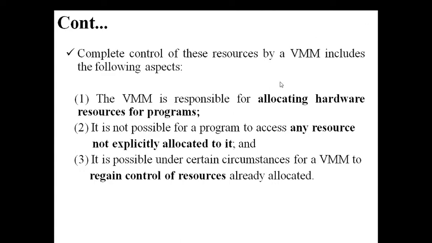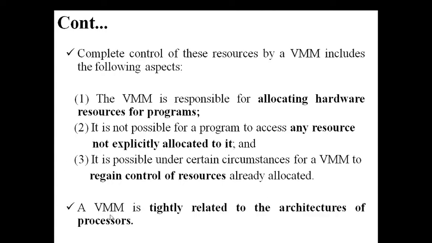It is able to allocate hardware resources for programs. Any resource is not going to be allocated explicitly and directly by us. The VMM will not allow any outsiders, and it can remove or regain control of the resources. It becomes the sole controller of our resources, which is not good for us.